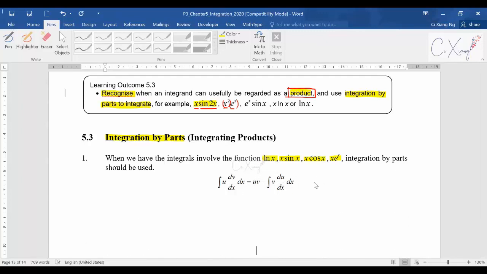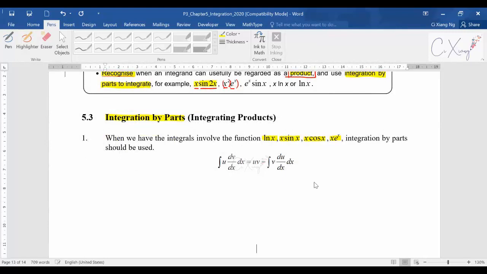Okay. So this is the formula that we need to use, and the idea actually comes from the differentiation that we learned before. There's a product rule in differentiation, right? So when you apply the product rule in differentiation, d/dx of uv equals u dv over dx plus v du over dx.